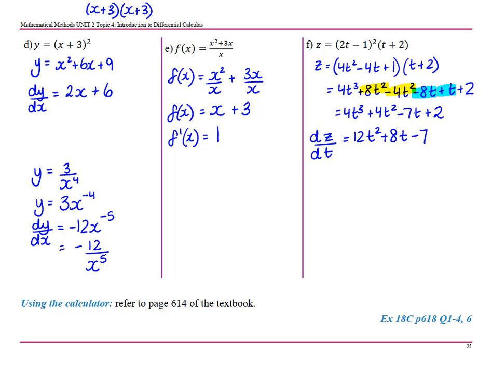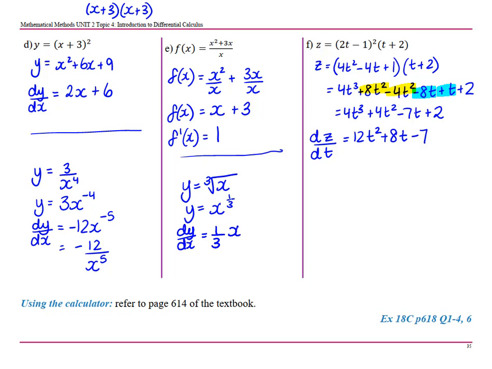If I had y equals the cubed root of x, that would become x to the third. So again, we're using our index rules. So dy dx would be, we'd bring the third out the front, x, 1/3 minus 1 is negative 2/3.